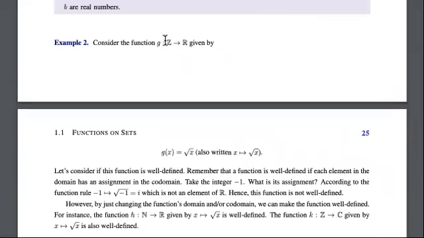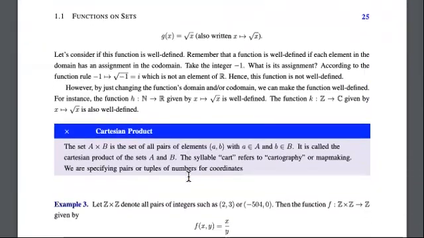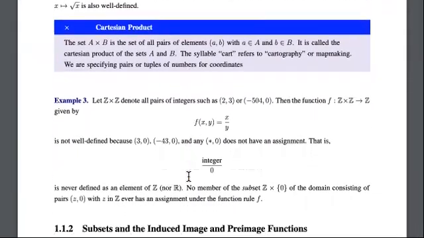We're going from integers to real numbers. Well, wait a minute. If we put in negative integers, we're not going to get something real. That means we get an error, because the square root tries to give us something that's not in the right data type for output. So it's not well defined. That's an example of something not being well defined.